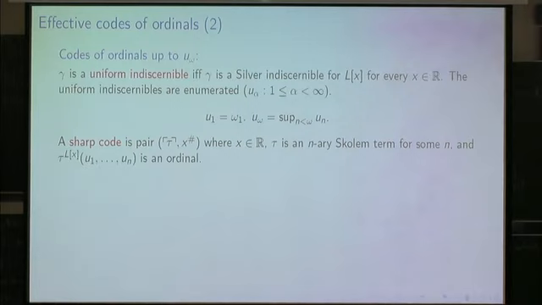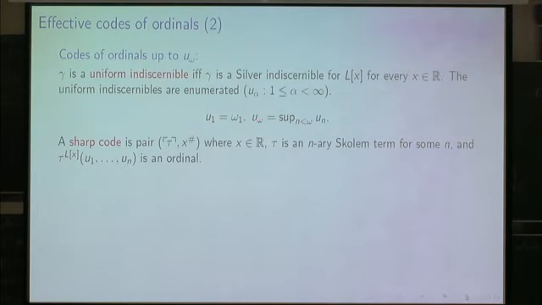So a uniform indiscernible means a Silver indiscernible for L of x for every real number. And the uniform indiscernibles form a class of ordinals. They are enumerated u alpha for alpha bigger than or equal to 1, the least one being omega 1, and the ordinal u omega draws our attention.